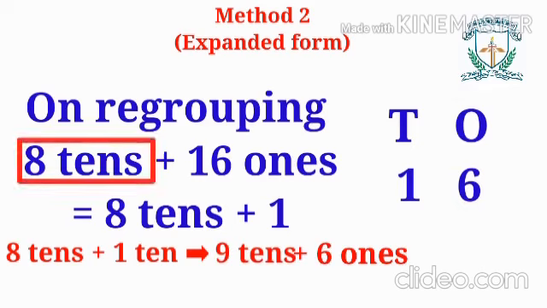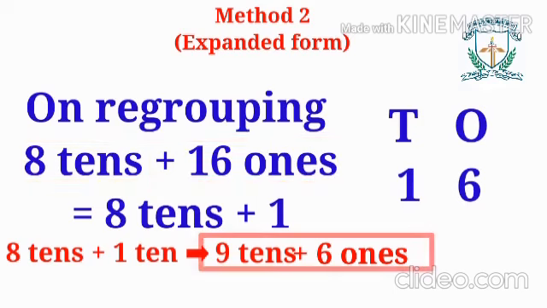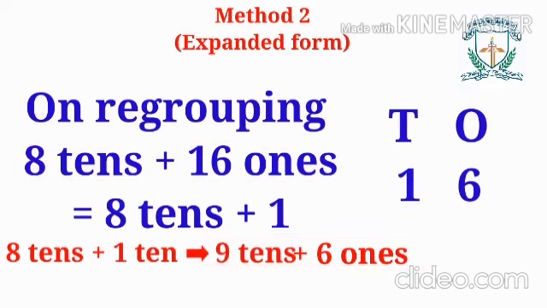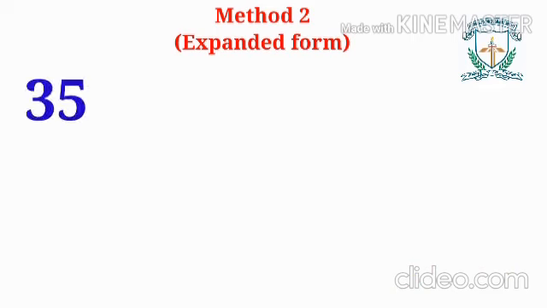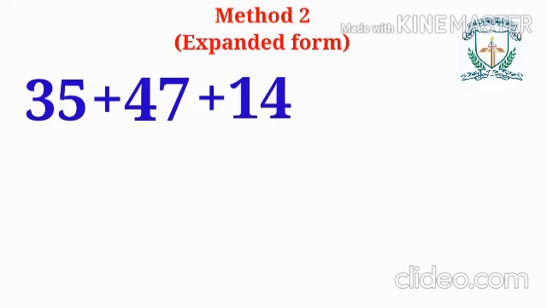Thus, 8 tens plus 16 ones is equal to 9 tens plus 6 ones, which means 90 plus 6 is equal to 96. So 35 plus 47 plus 14 is equal to 96.